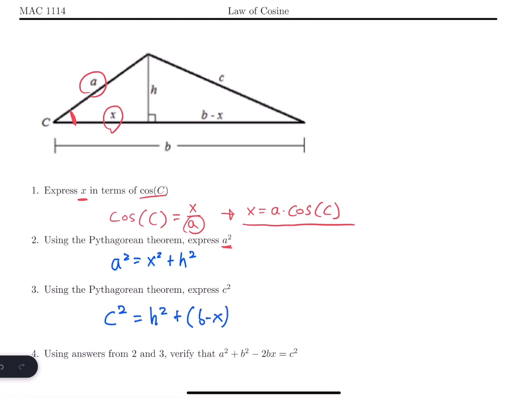That's the length right here, this entire thing squared. We do need to multiply this out, so we have h squared plus b squared minus 2bx plus x squared. That's the same thing as c squared.